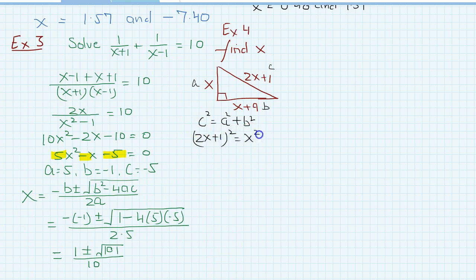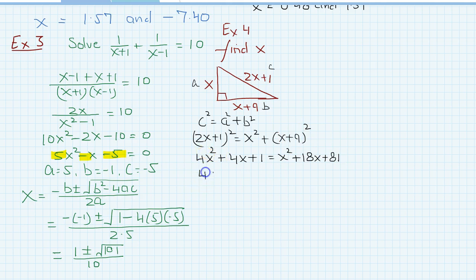is equal to x square plus x plus 9 square. 2x plus 1 square is 4x square plus 2x times 1 is 2x multiplied by 2 is 4x, plus 1 square is 1, is equal to x square plus 9 times 2 is 18x plus 81, 9 square. So we simplify it.